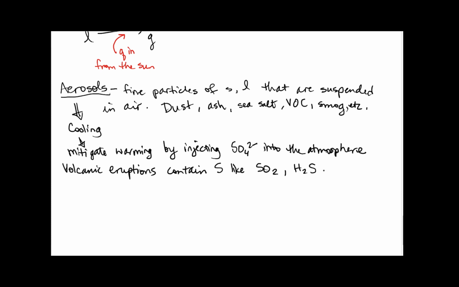You remember I already talked about the Tambora eruption. So the idea was, well, maybe if we just inject some sulfate into the atmosphere, then we can mimic the volcanic eruptions and do some cooling, and that will mitigate the climate change that we are seeing and get things under control.